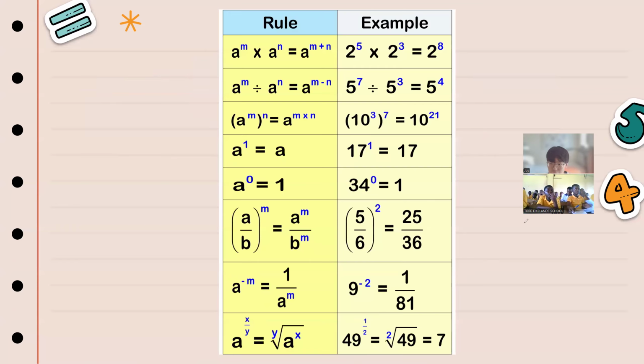Does this make sense to everyone? Yes, I'll let you write this down. Please tell me when you're ready.